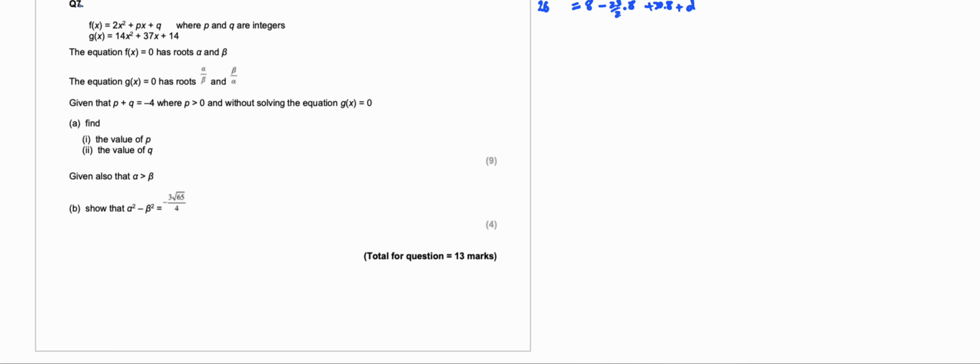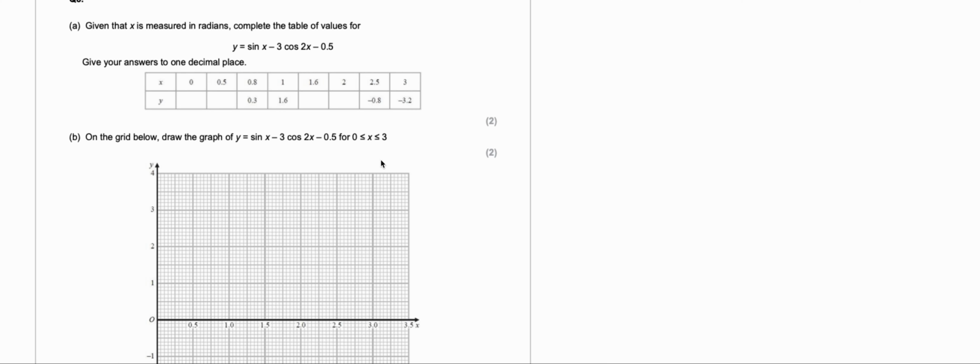So we have two equations, f of x and g of x. F of x is 2x squared plus px plus q, and g of x is 14x squared plus 37x plus 14. The equation f of x equals 0 has roots. We've already done this together, haven't we? I'll come back to this at the end. Let's move on to question 8.